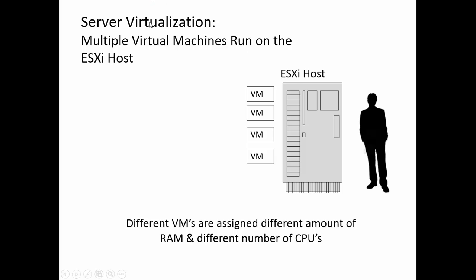But with server virtualization, we have multiple virtual machines running on the big old ESXi host, and different virtual machines are assigned a different amount of RAM and a different number of CPUs. This is called server virtualization, and VMware is the leader in the field.